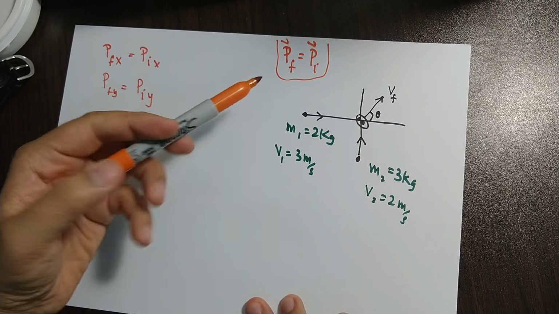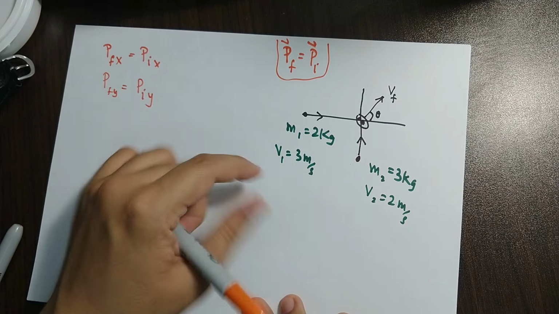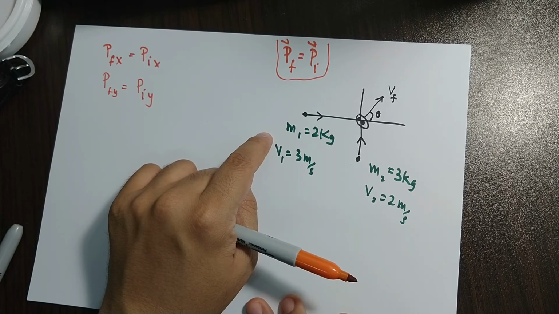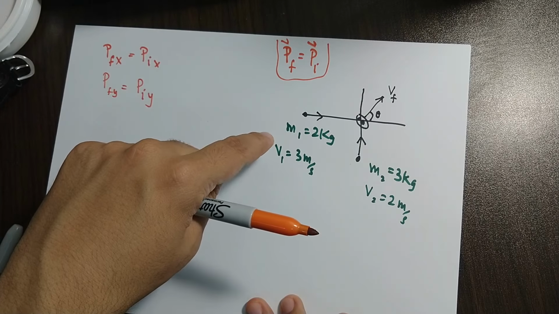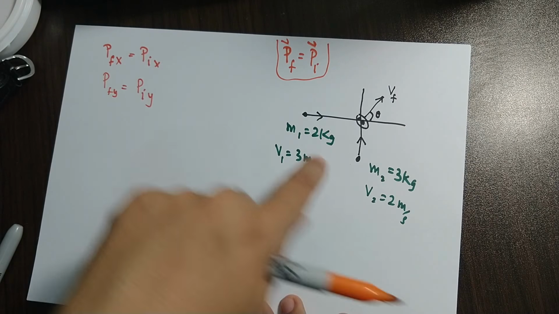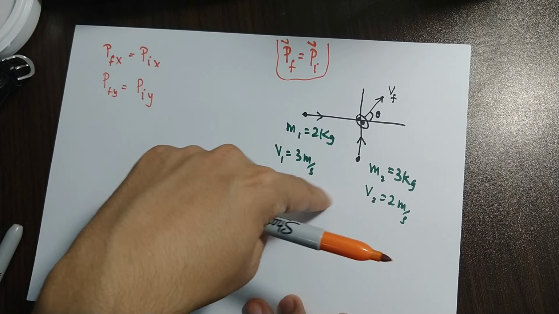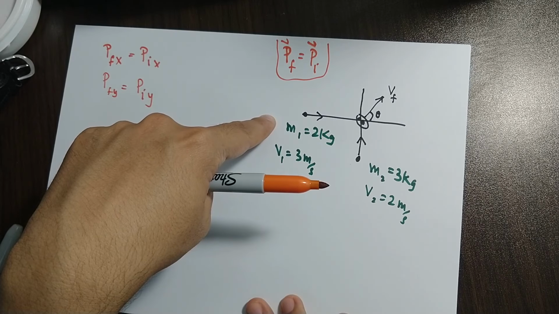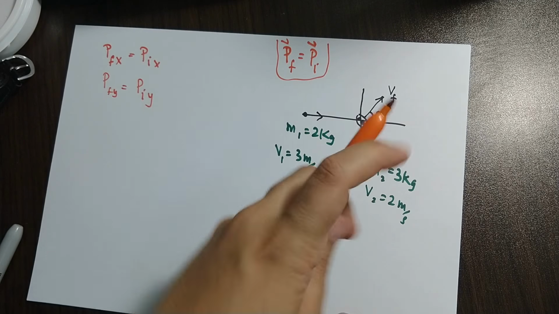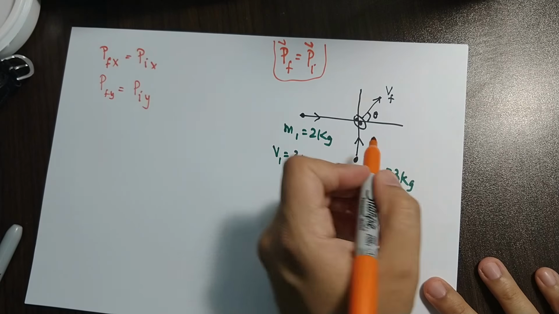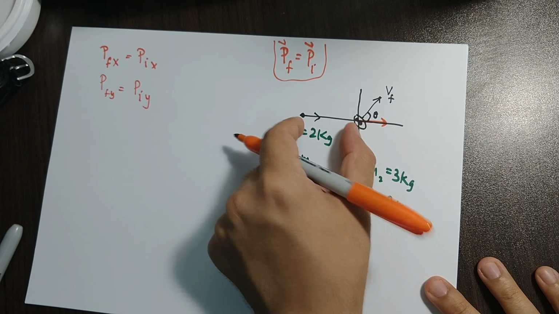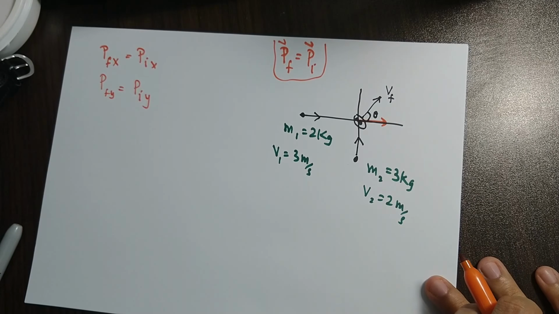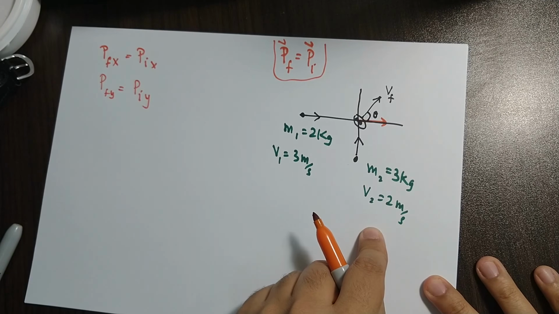Now how do we apply conservation of momentum? Initially, there is this particle. So the total initial momentum is what? It's basically the vector sum of these two. Initially only this particle has x momentum, so the x component of the final momentum has to be equal to this initial momentum, because this one is carrying no x momentum.